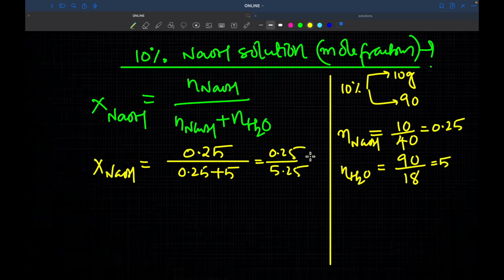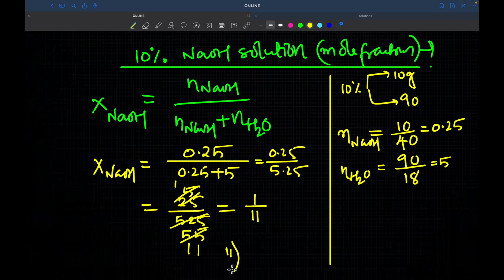So by solving this you will get the answer. This is nothing but 25 by 525. 25 goes into 525 twenty-one times, so this is nothing but 1 by 21. 1 by 21 is how much?